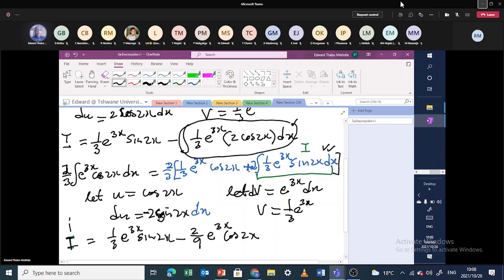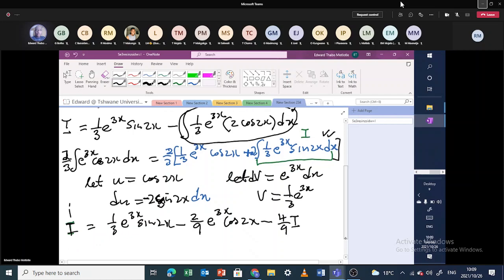So 2 over 3 multiplied by 2 over 3, that will be 4 over 9, not plus, because of that negative sign it is going to change, so I must respect that. It's going to be negative, isn't it? So we have negative 4 over 9 I, because I said this is I.